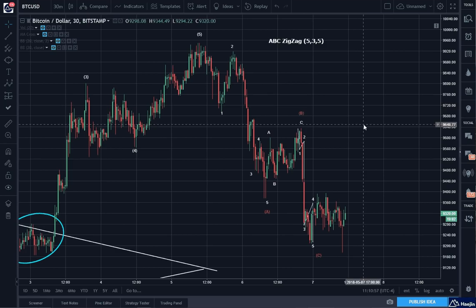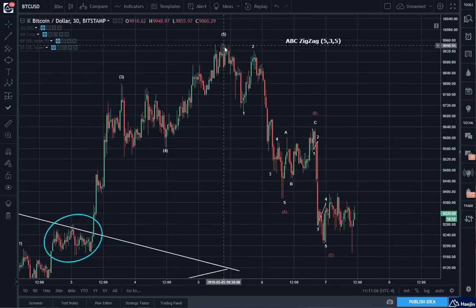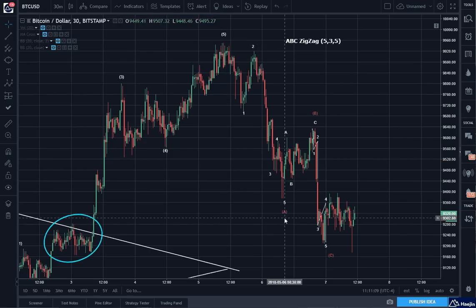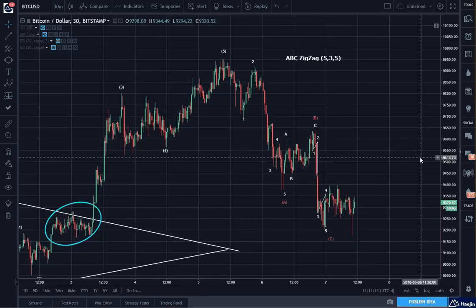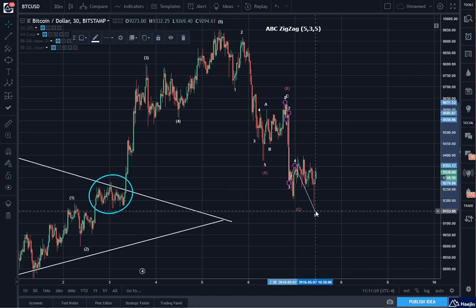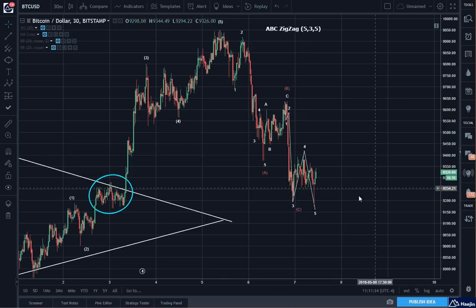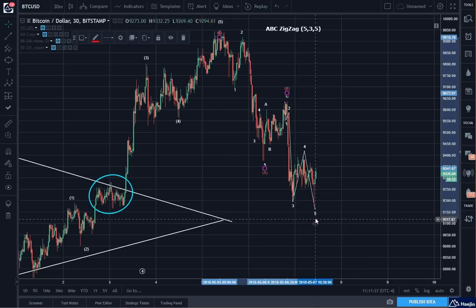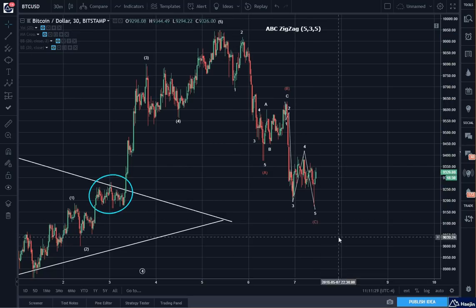Now to Bitcoin. Last night I did a quick review of this, and this is the same chart, that the 1, 2, 3, 4, 5 for A, B, C for B were in, and I don't think we're done with the C yet. But potentially we could be, actually. Sorry, take that back. So we could have the ABC complete.